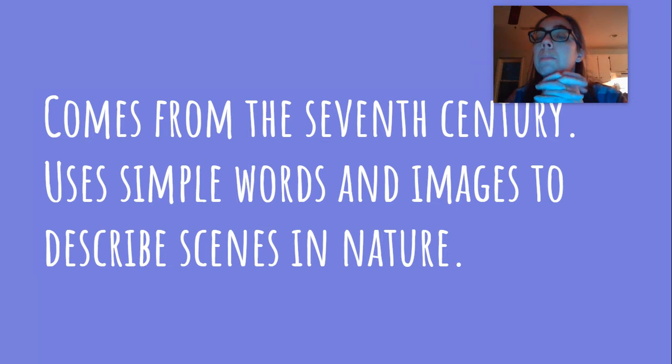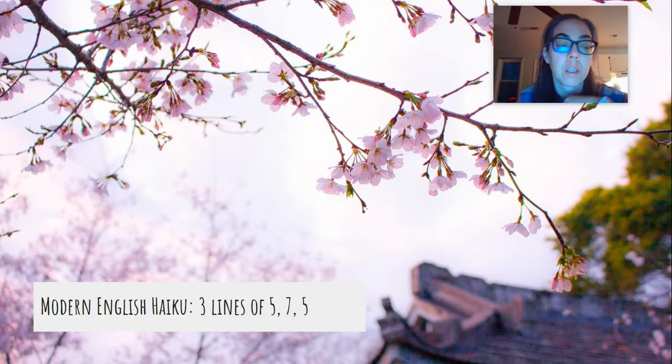But to be a haiku, it has to be nature based. Now, there are lots of haikus that are just written in 575 and are not nature based. But for what we're going to do today, we are going to do them nature based.